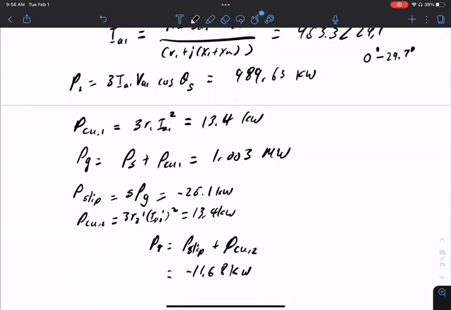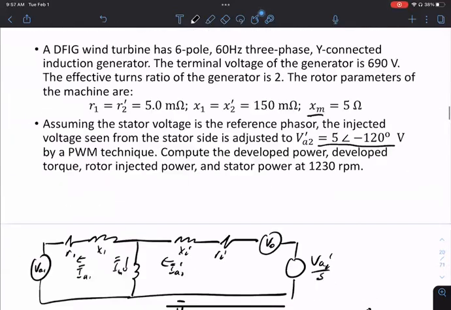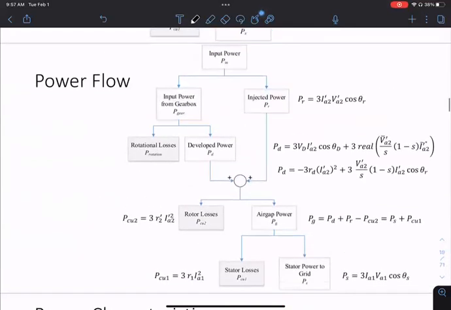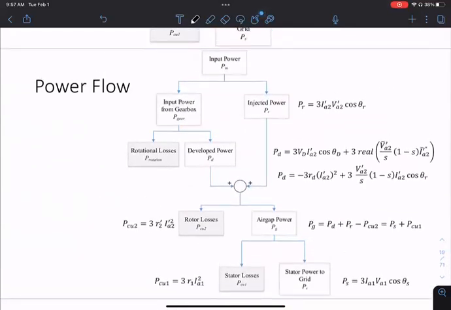So there's a negative sign. Which way is the direction going? Is it from the stator to the grid or from the grid to the stator? Let's think about this definition and look at our diagram. PR is drawn this way. If this number is positive, it is power coming from the grid to the rotor.